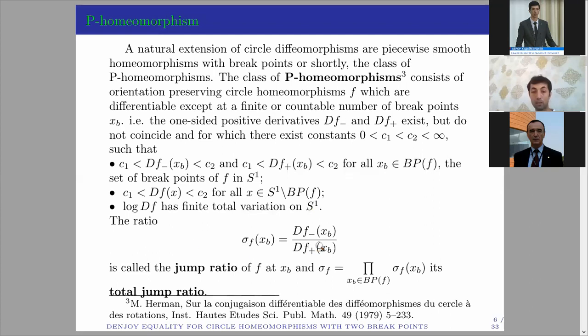The ratio of the one-sided derivatives is called the jump ratio, which we denote by sigma f. And the product of all the jump ratios is called the total jump ratio.